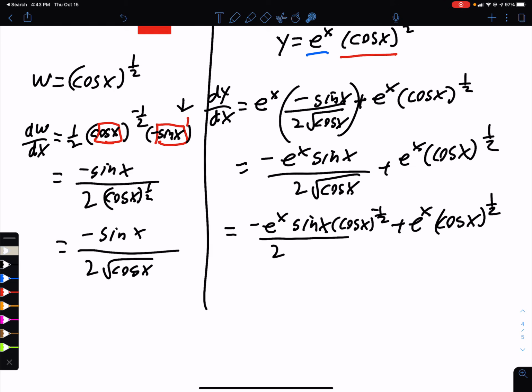I'm looking for common factors, and you will notice they both have an e to the x. And you should also notice they both have a cos x. So those are the things I want to factor out in front. So I'm going to take out an e to the x and a cos x. Now if you remember, you're supposed to take out the lowest power.